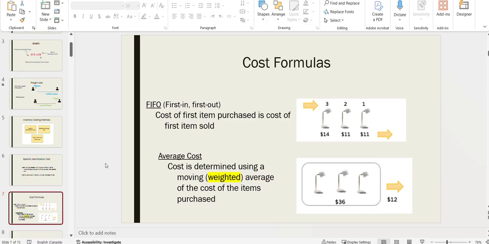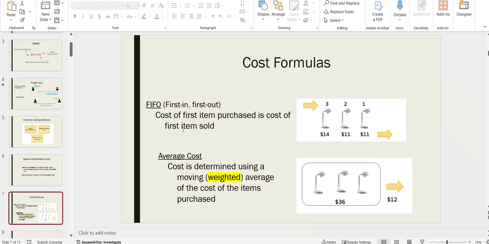But in FIFO, what we do is the cost of the first item purchased is the cost of the first item sold. So the first item comes to your inventory, and when you want to make a sale, you use the item which came sooner to your inventory.